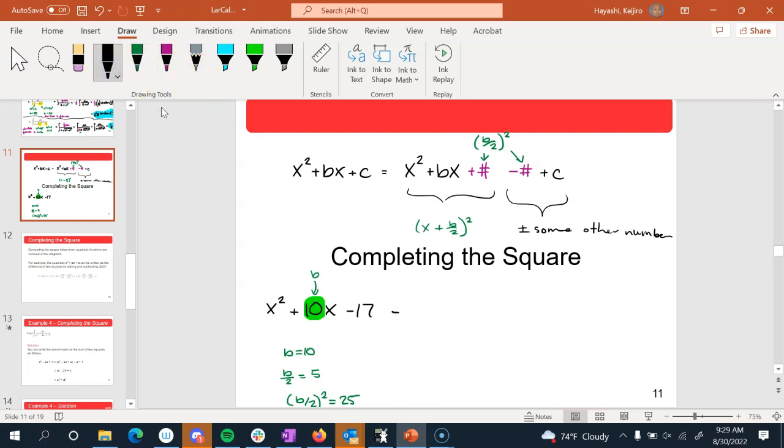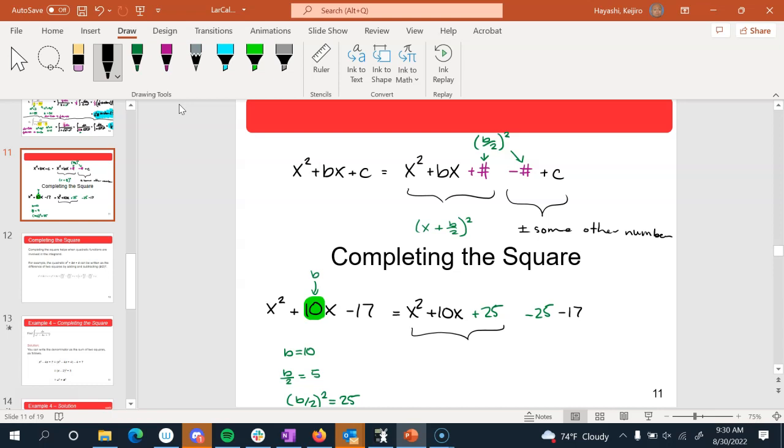So this is going to be equal to x squared plus 10x, that's still there. But we're going to add and subtract 25, plus 25 minus 25, in the middle of this, and there is still that minus 17. The reason that it has to be 25, or whatever single value b over 2 squared gives, is because only then do these three terms form what you would call a perfect square trinomial.